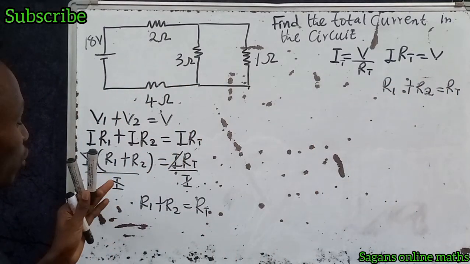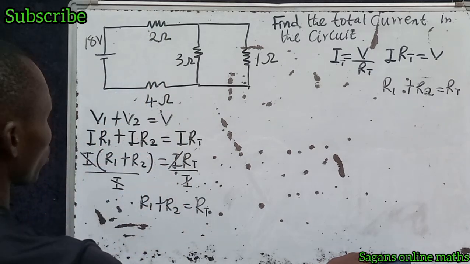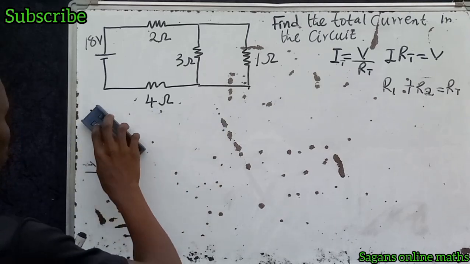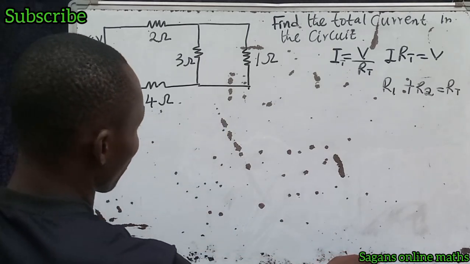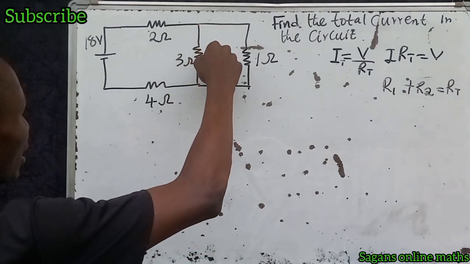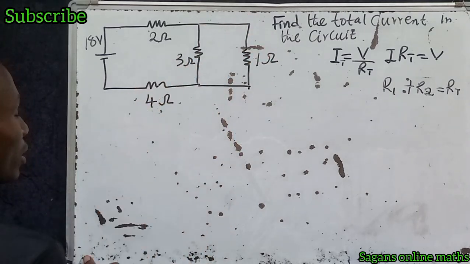Now we have solved for the total resistance in series connection. Let's consider the parallel connection. Now in parallel connection, the current that flows here plus the current that flows here will give us the total current in this circuit.